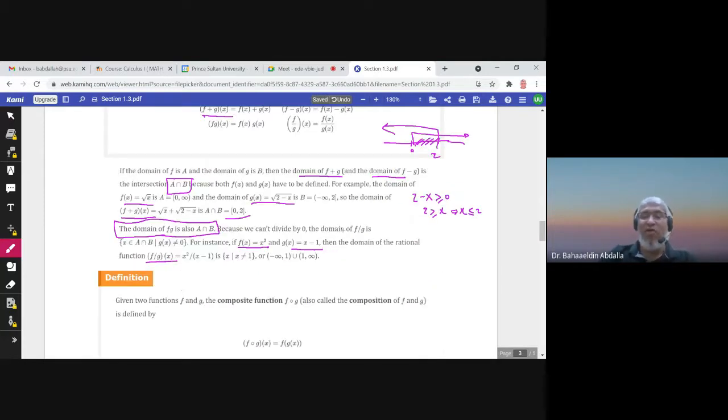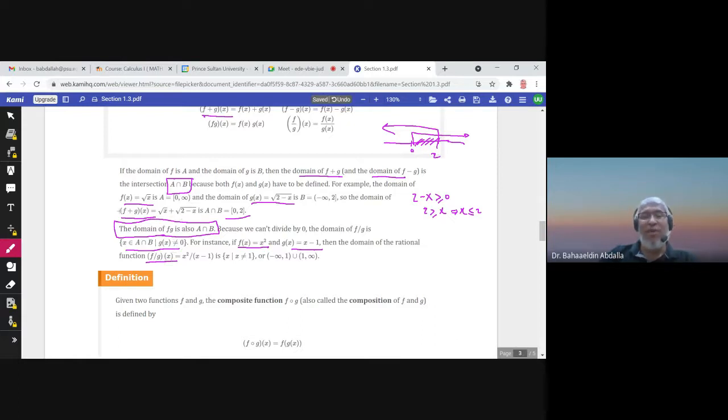But f over g, well, the domain would be the intersection, but you have to take from the intersection the zeros of g because g is in the denominator now, and we cannot accept that it is zero. So it would be the intersection, but g of x is not zero.